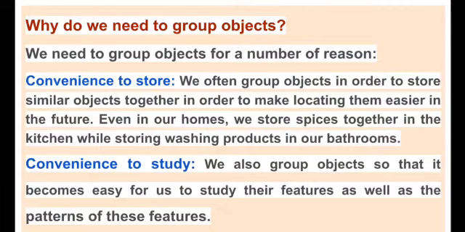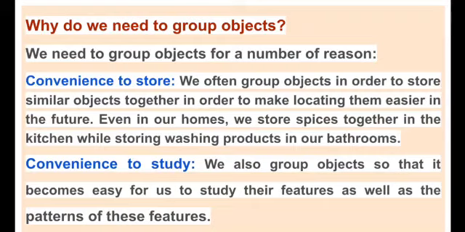And it is convenient to study also. We also group objects so that it becomes easy for us to study their features as well as patterns of these features. Like if you are going to arrange your cupboards, you will arrange your clothes.